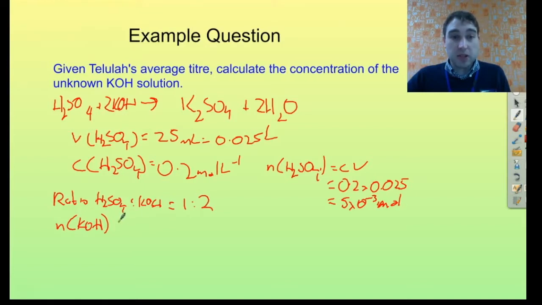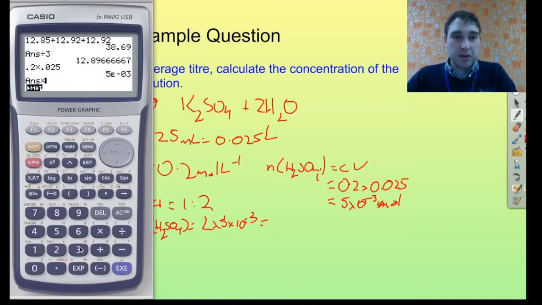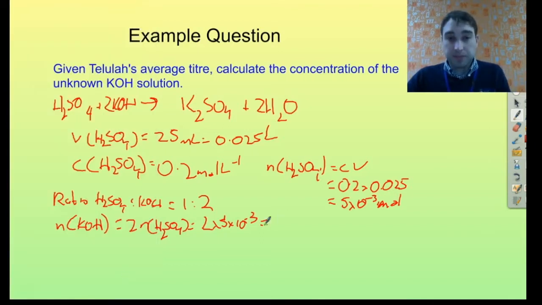So it's 2 times my number of moles of sulfuric acid. Alright, so it's going to be 2 times 5 times 10 to the minus 3, which is, just go back to my calculator to check my answer, I think I know, times 2, I get 0.01.